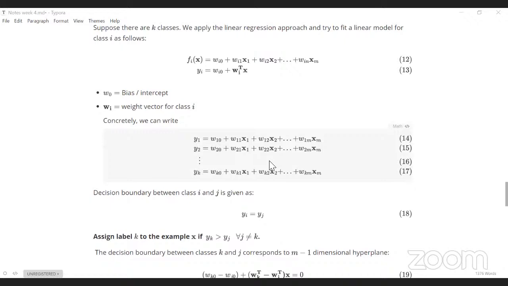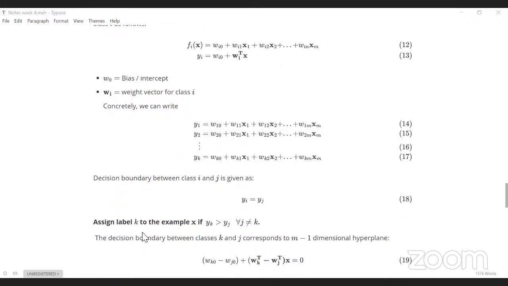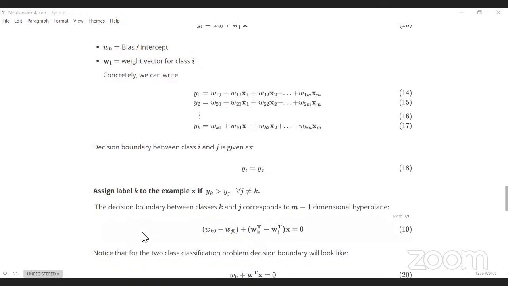That hyperplane is the decision surface, or separating surface, between class 2 and class 3. So the decision boundary between any two classes is given by yi equal to yj.